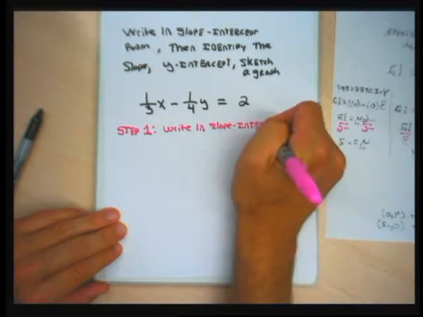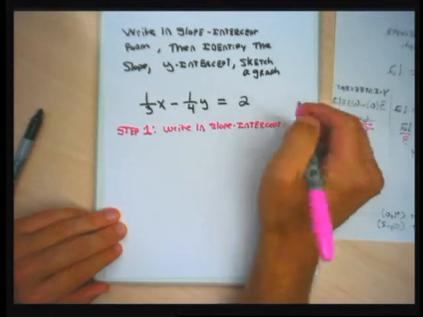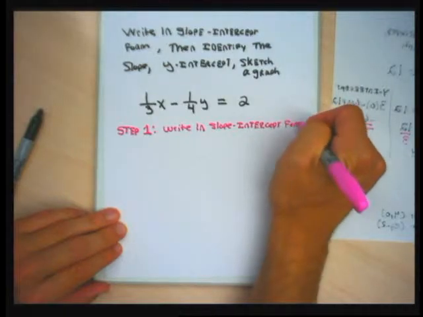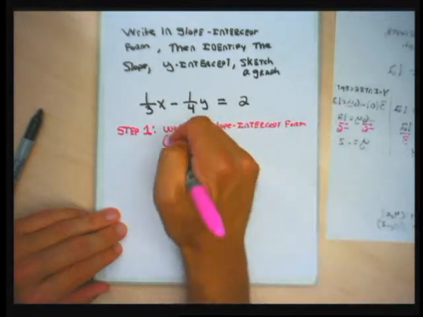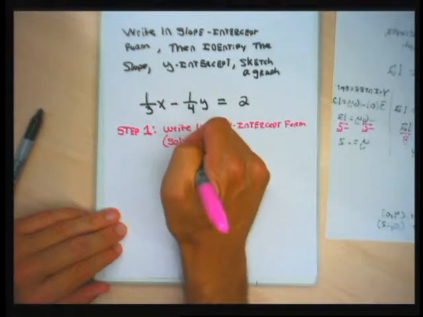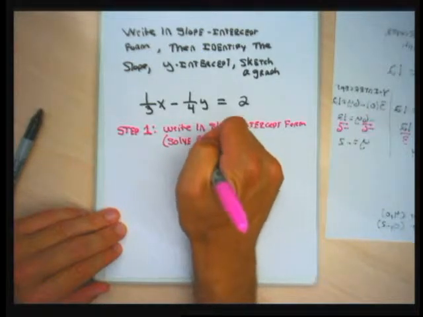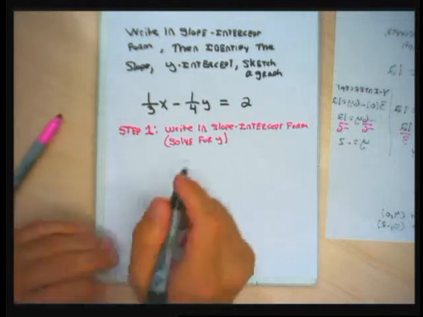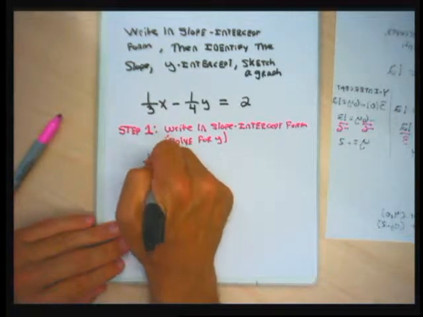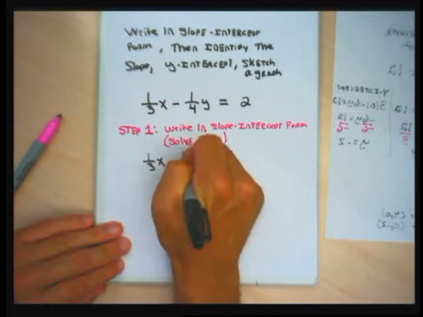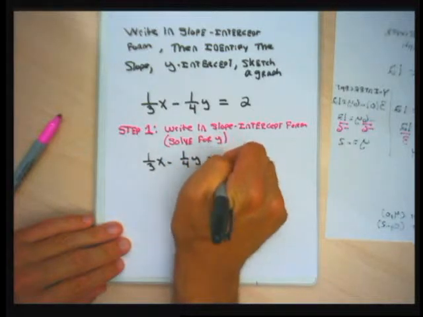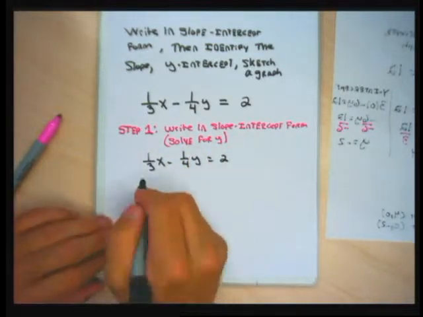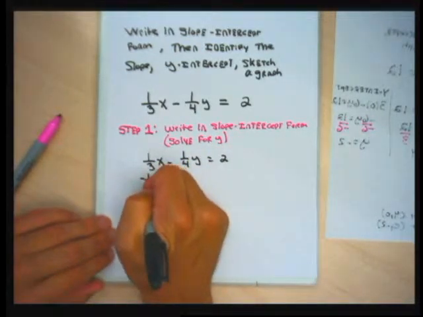And that part of the instruction just tells me to solve it for y. So I could have said, instead of writing write in slope-intercept form, I could have just written solve for y. But I didn't. So I wrote something that is more mathematically elegant, I guess. So to do the first part, I'm going to subtract 1/3 x from both sides.